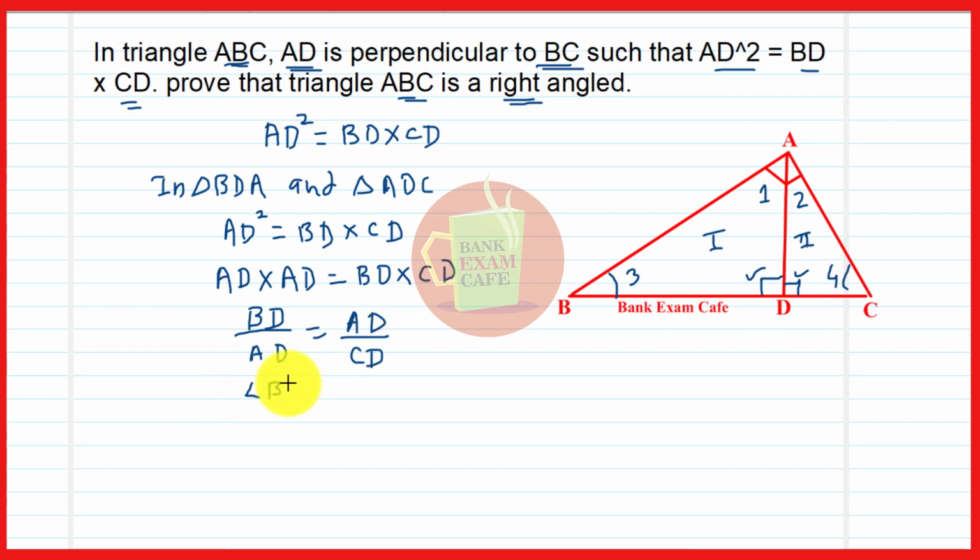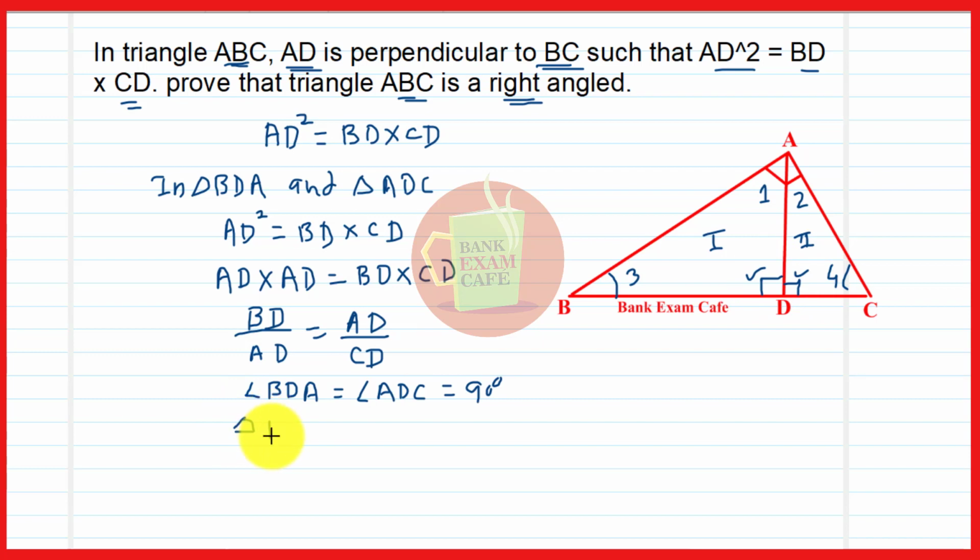So angle BDA is equal to angle ADC, each is equal to 90 degree, because AD is perpendicular to BC, and therefore these two triangles will be similar by the SAS similarity rule, because these two ratios are equal and the angles included by these two are also equal.